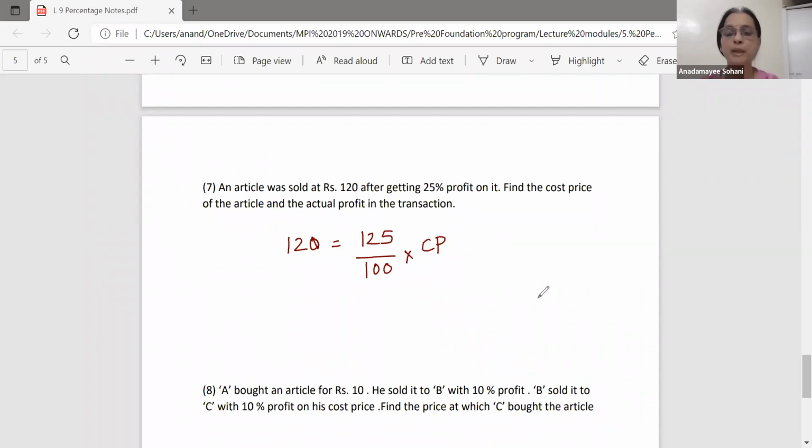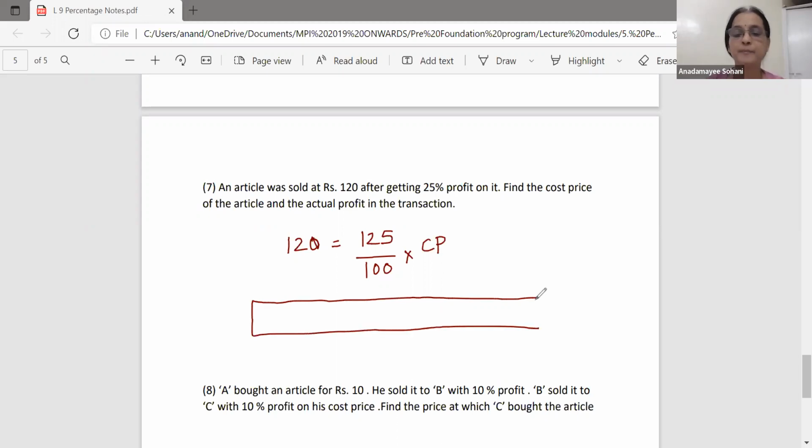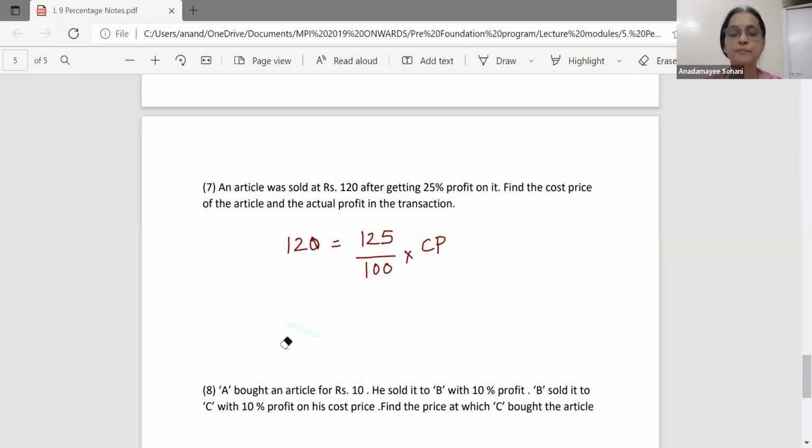If I draw a train, 25% means 1/4. So I will make 4 parts of my cost price.